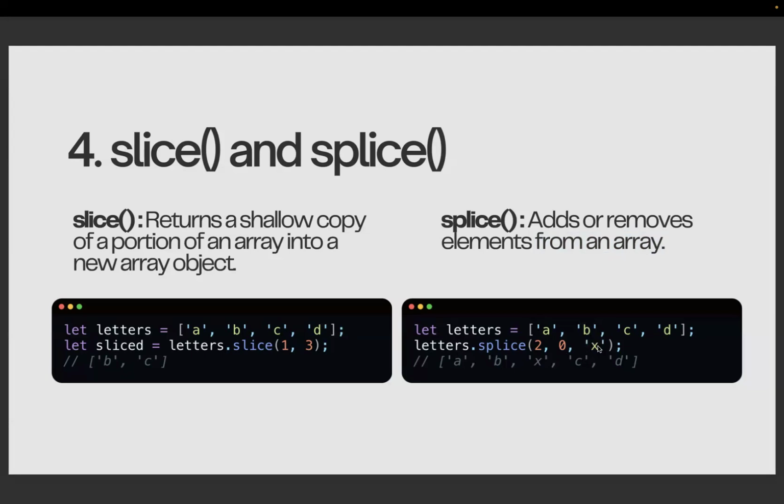Add X at index 2, by removing 0 elements. As you can see, 0, 1, 2, 3, we have 4 elements. Now I'm adding letter X at index 2 by removing 0 elements. I didn't remove any elements. All I did was the rest of the elements which come after index 2 got shifted to the right, and X was added in the middle.